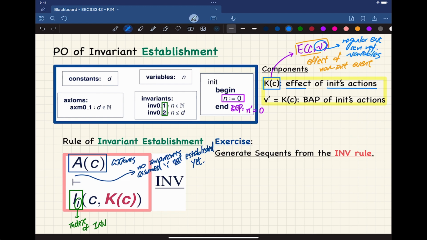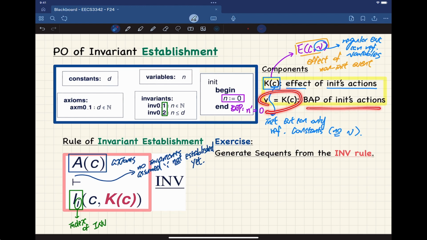On the other hand, if you look at just this part over here, init events can only reference constants. No v. And the v here will be the before-after predicate. That's easy to see.